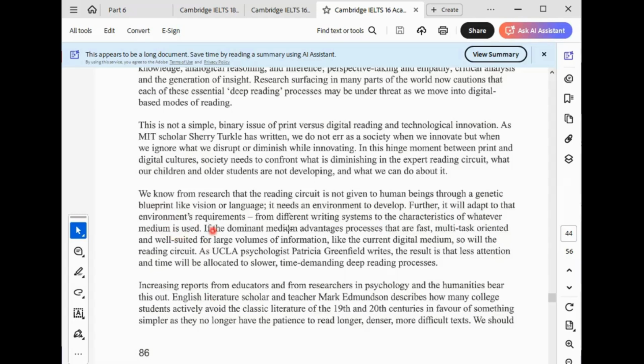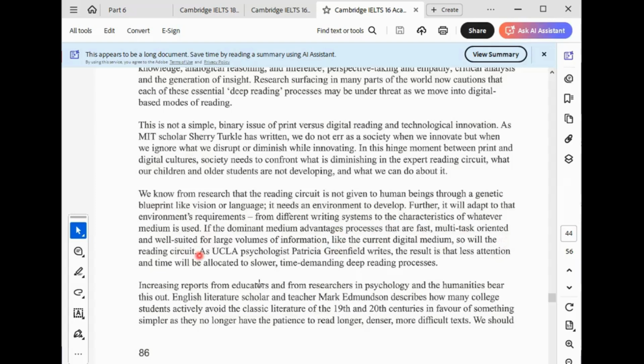If the dominant medium advantages processes, okay, let me read that again. If the dominant medium advantages processes that are fast, multitask-oriented, and well-suited for large volumes of information, like the current digital medium, so will the reading circuit.